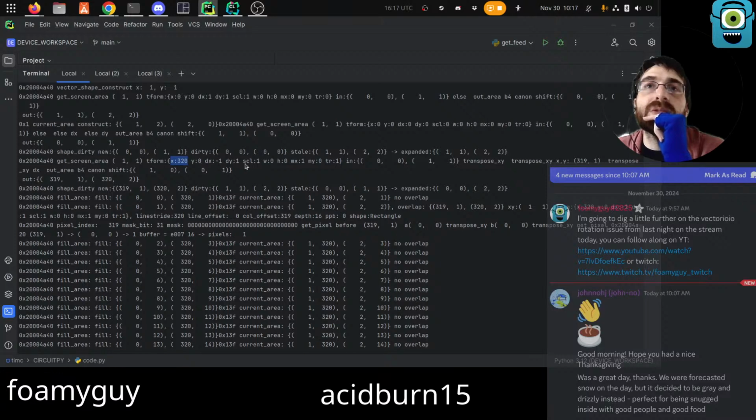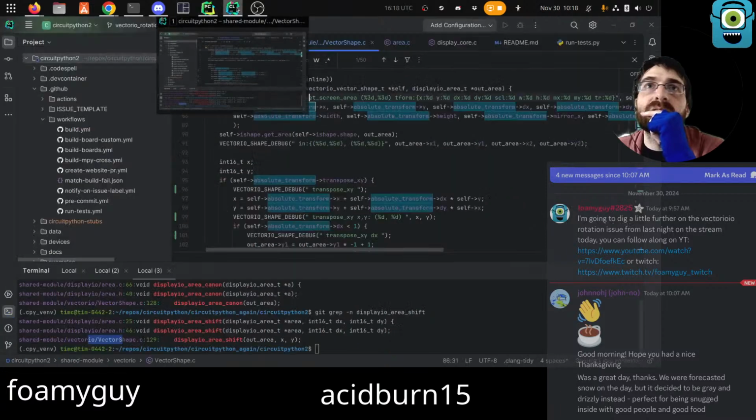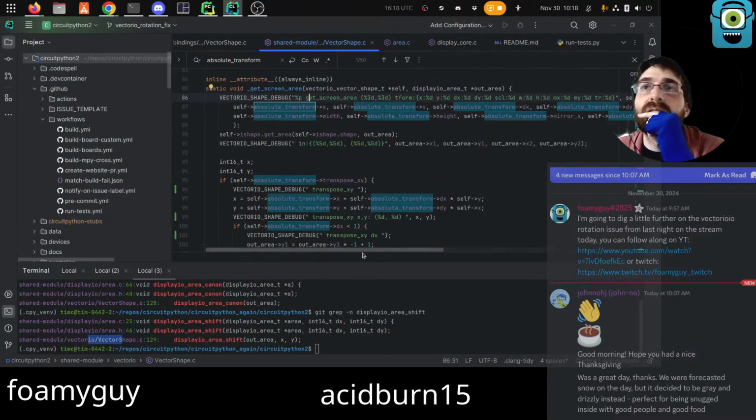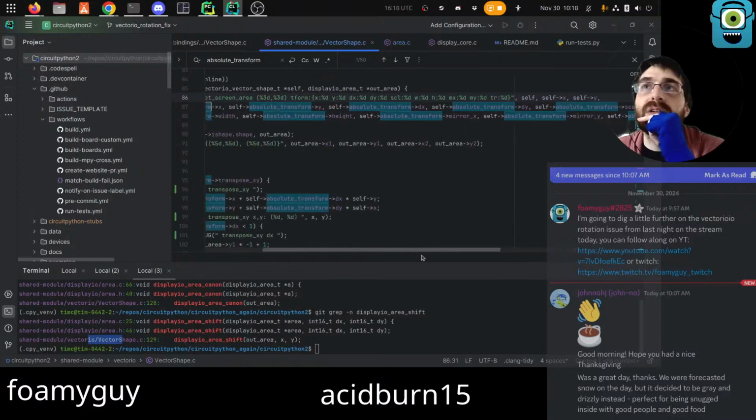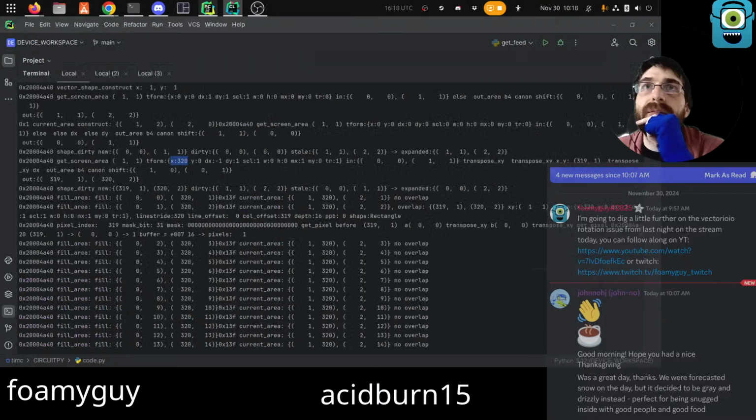Dx is on -1, dy is on 1. Scale, width, height. Mirror x is on 1. R, is that transpose? What was T? Yes, that must be transpose. That's the last one. T. That is 1.